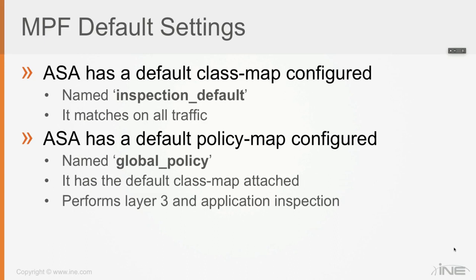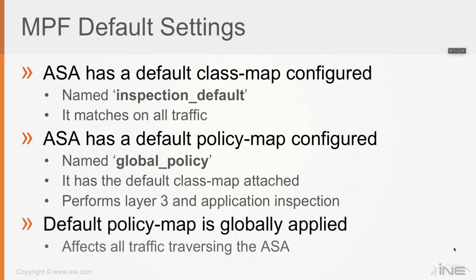So the default policy map does both application inspection and layer 3 stateful inspection. And the default policy map is globally applied by default, which means it affects all traffic traversing the ASA. As we saw before, the policy is applied in the ingress direction, or in the egress direction for QoS.